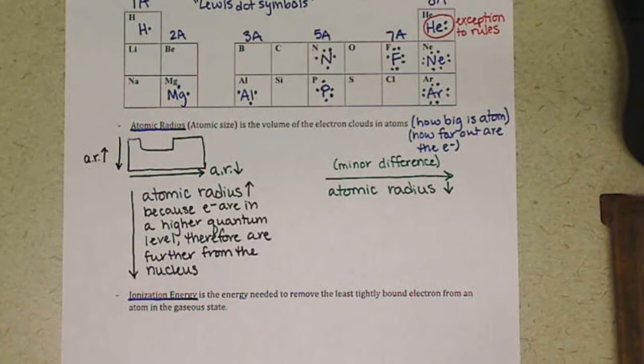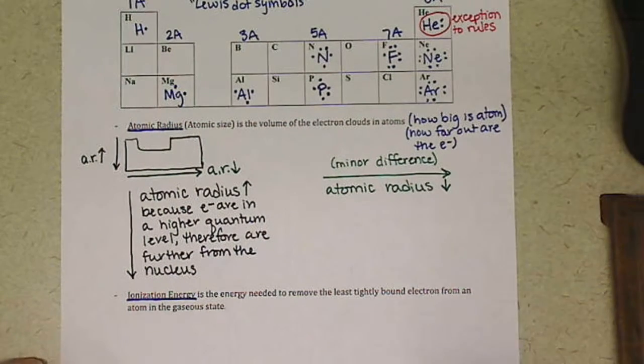So more protons means more positive charge, more pull on the electrons, and therefore a smaller atomic radius. So as we move from left to right, we have more protons, a higher positive charge, pulling the electrons in closer, so our atomic radius decreases.